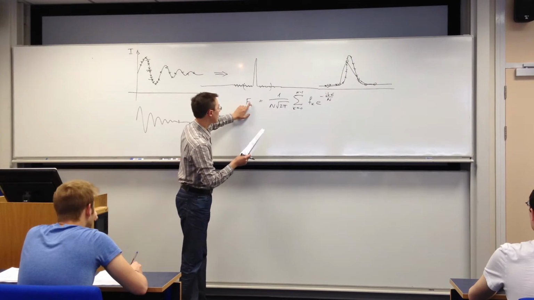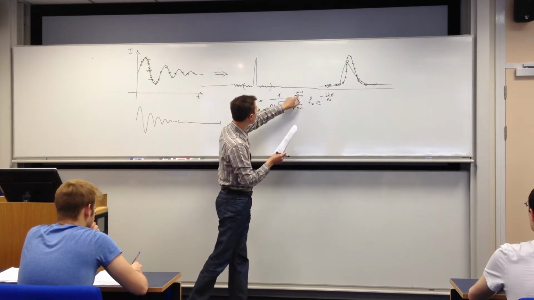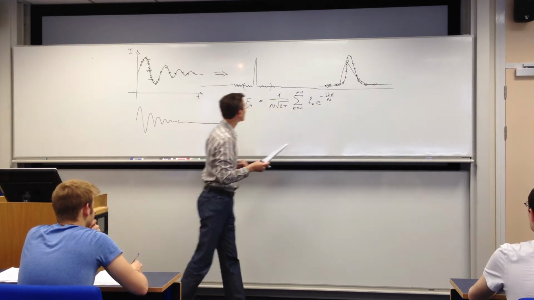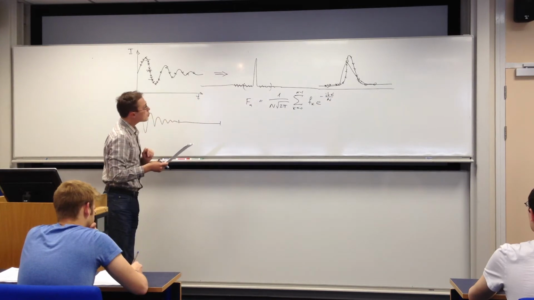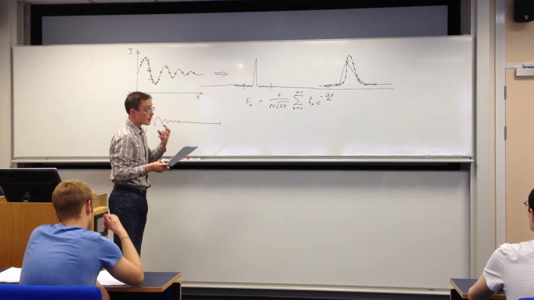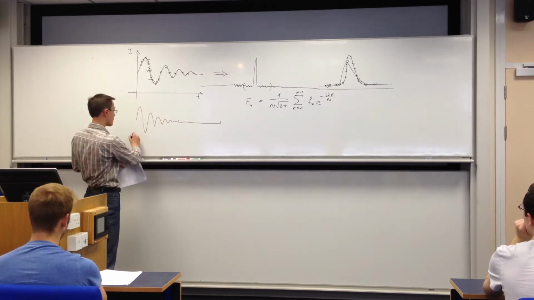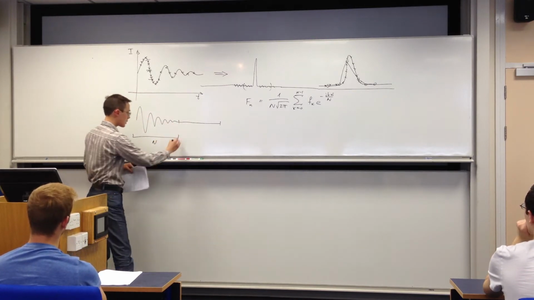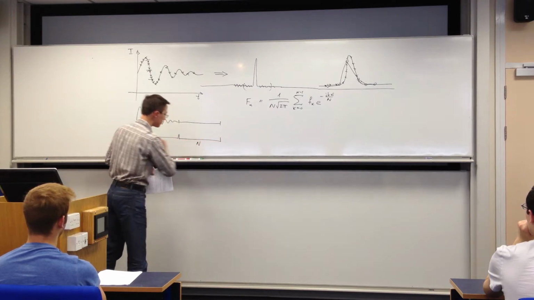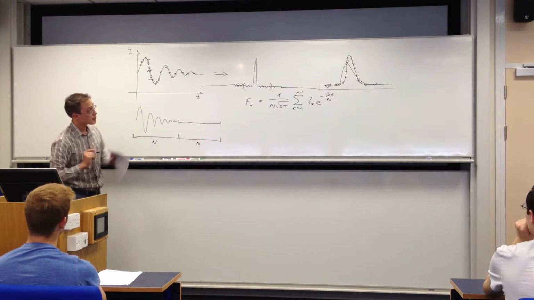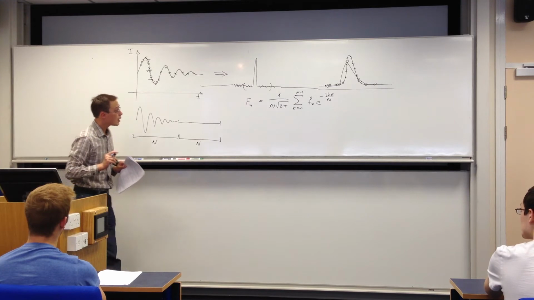So that's summed over k, and n is the frequency. Let us see what happens if we simply pad the signal with, let's say if this was N points, let's pad the signal with N zeros and see what happens to the Fourier transform.